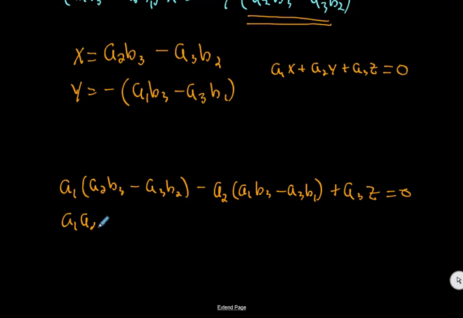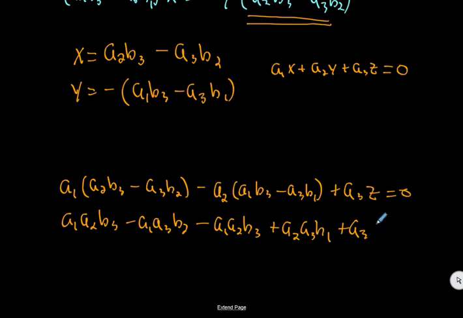a1a2b3 minus a1a3b2 minus a1a2b3 plus a2a3b1 plus a3z is equal to 0. Now look what happens right here. a1a2b3 cancels out with a1a2b3.